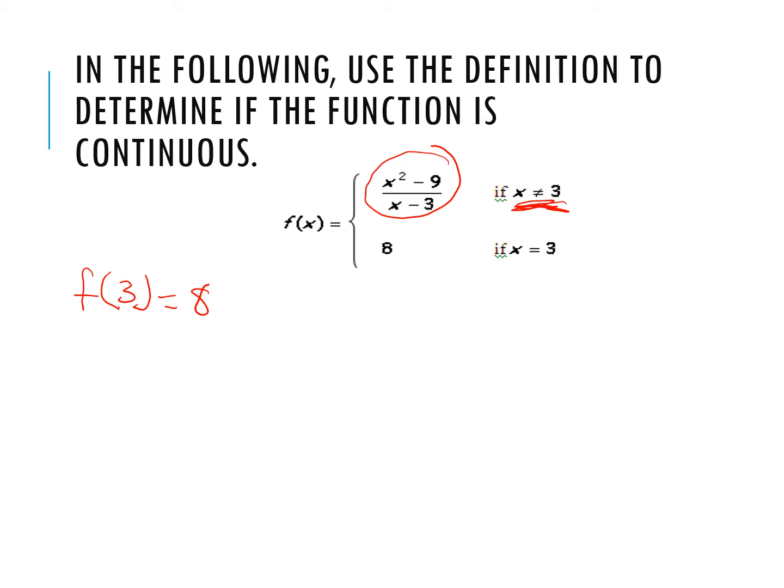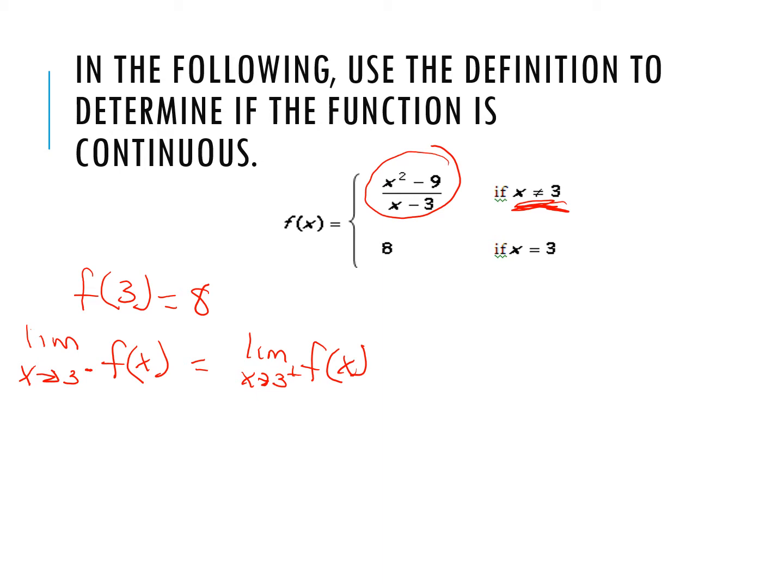Now we have to prove the second one. We have to show that the limit exists. So we have to show that the limit as x approaches 3 from the left is equal to the limit as x approaches 3 from the right. And we're going to use our skills that we learned a couple of days ago by factoring.